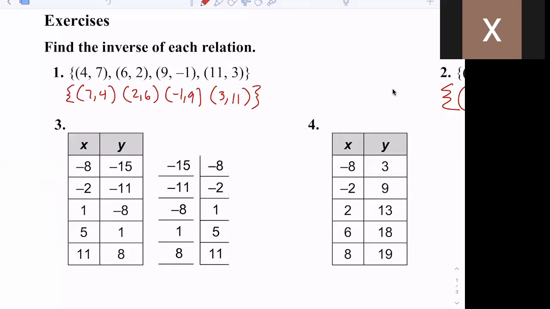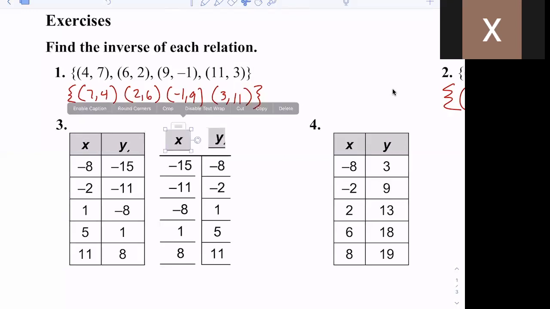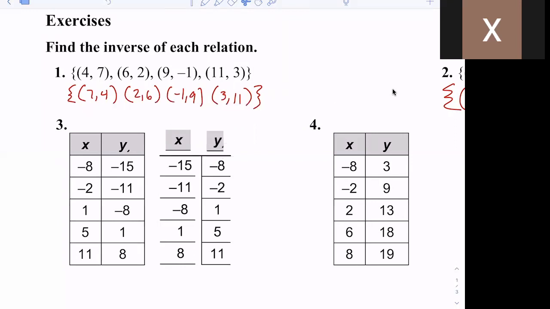And now, the grand finale. I've just created the what? The inverse. I just created the inverse.